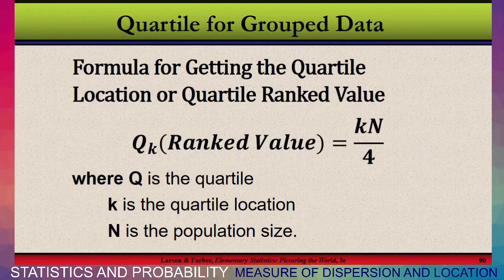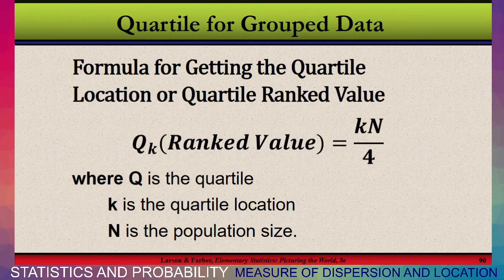Ito yung formula for getting the rank value pag ang pinag-uusapan ay quartile for group data. Okay? So, Q sub K, rank value is equals to Kn over 4, where Q is the quartile, K is the quartile location, N is the population size.